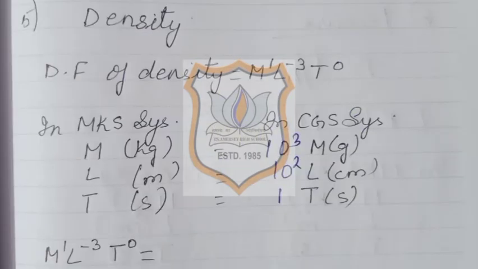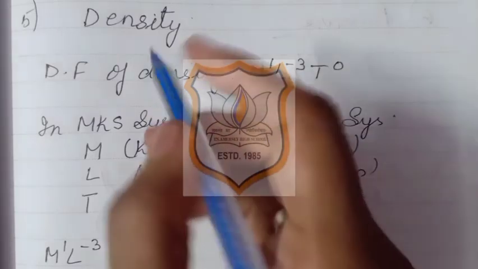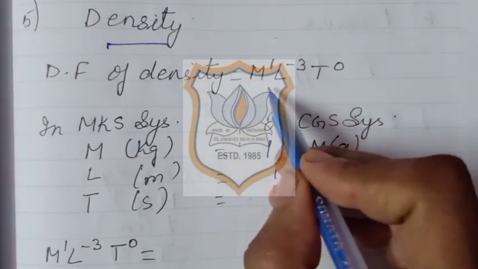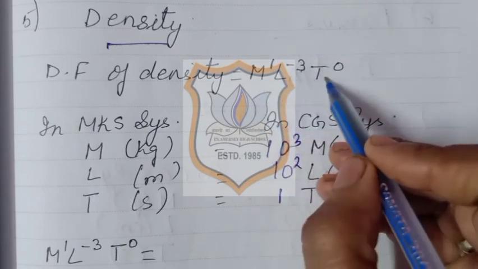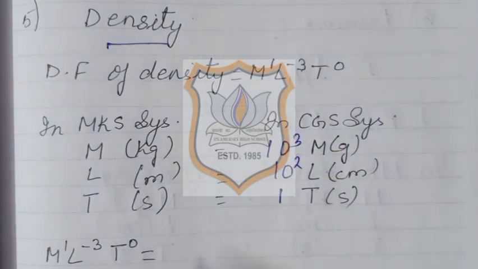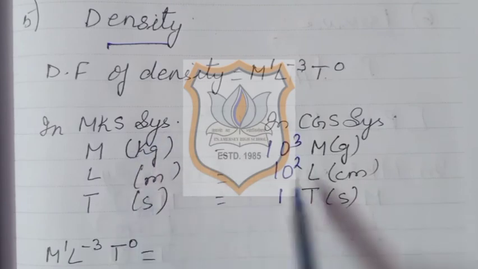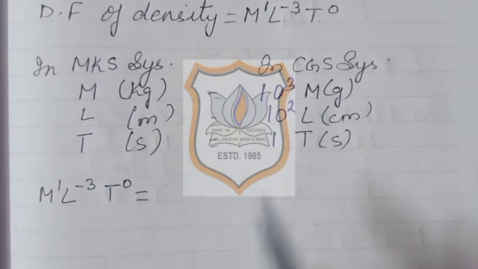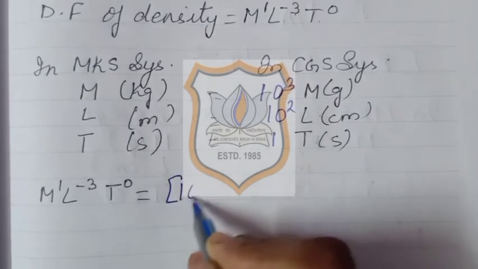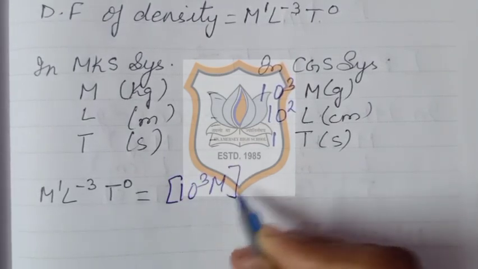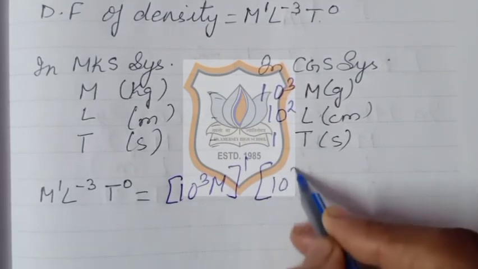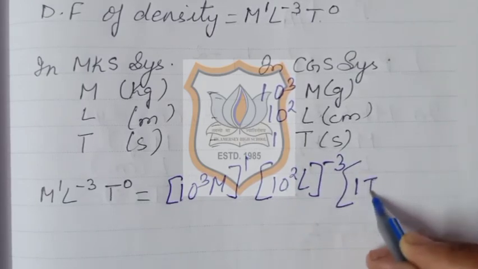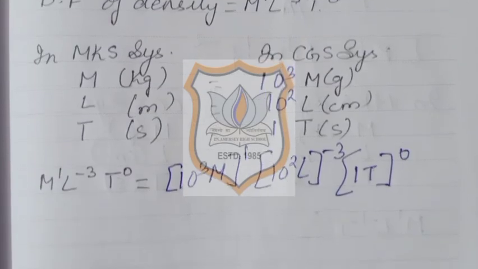Let us take another physical quantity, density. The dimensional formula for density is m1 L minus 3 T0. This you already know, we have used it in many numericals just now. Just substitute it. So this will be 10 raised to 3, m power is 1, 10 raised to 2, L power is minus 3, and 1, t power is 0.